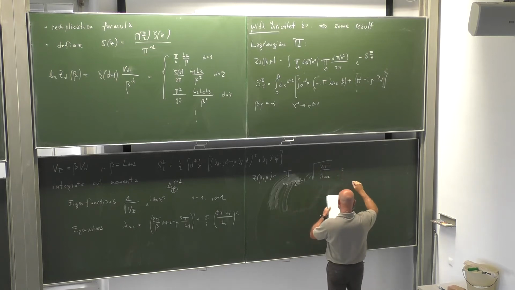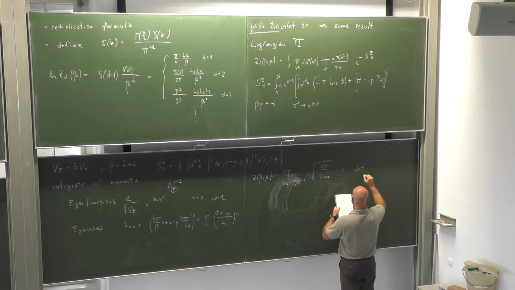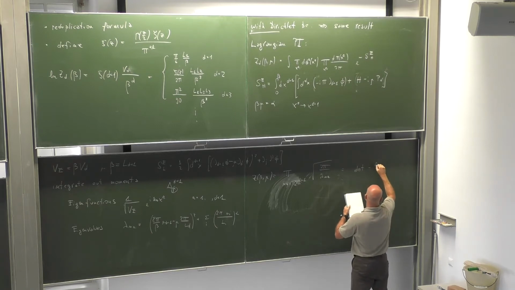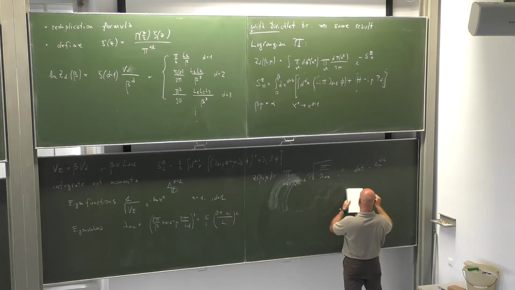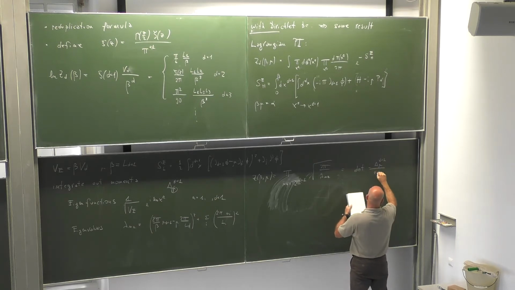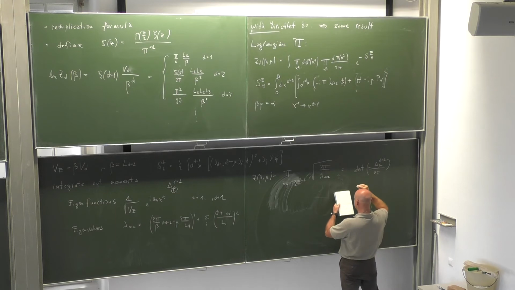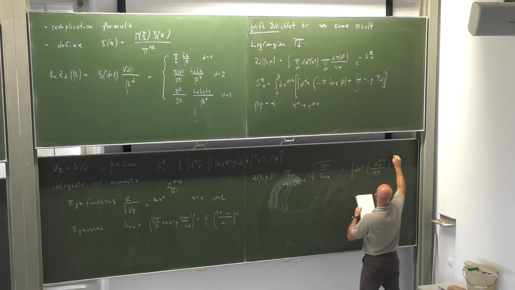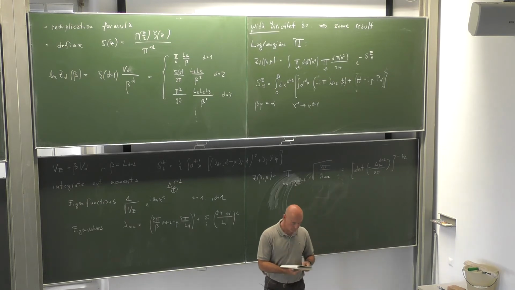And this is supposed to be the determinant of this kernel that you have in your quadratic Lagrangian, and for bosons, the right power is minus 1/2. Okay?